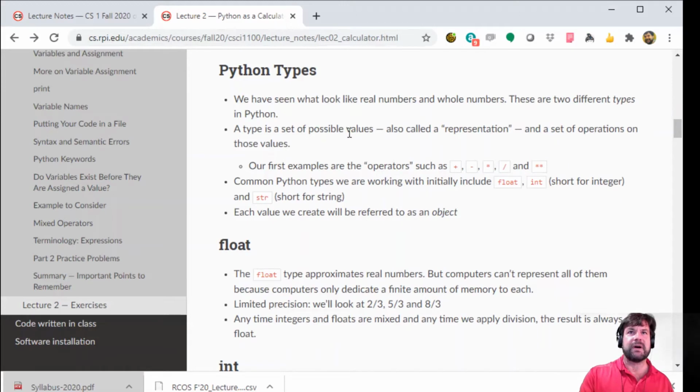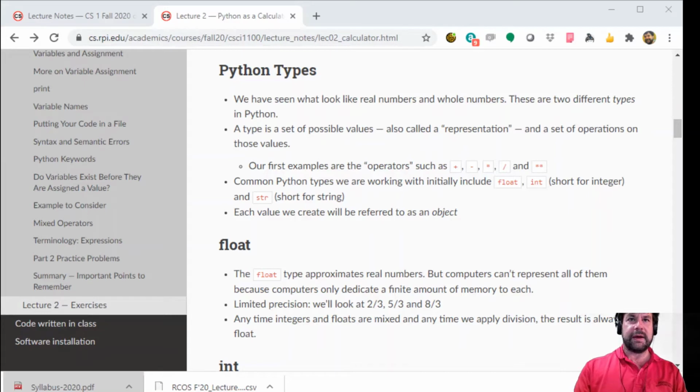We talked about all of this. We talked about our operators: plus, minus, star, slash, exponentiation. If you want to see what type something is, you can always use the type function. So type 62 will tell us that's an integer. Type 62.5 will tell us it's a float.